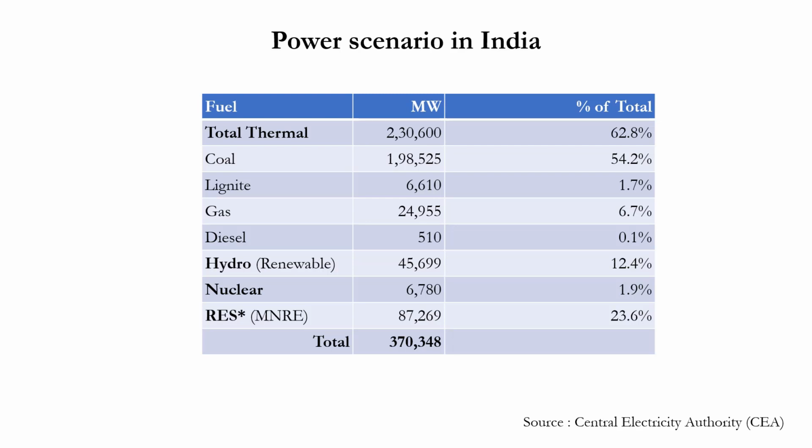And from RES, that is renewable energy sources, it is about 87,269 megawatts of power. That is nearly 23.6 percent of total power. So this is the power as of April 2020. That is, the total power is 3,70,348 megawatts.